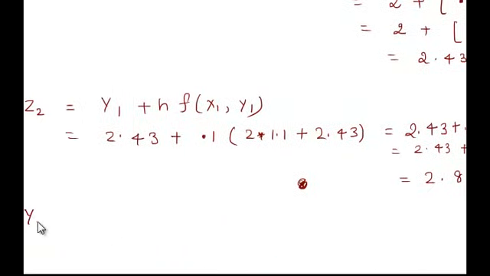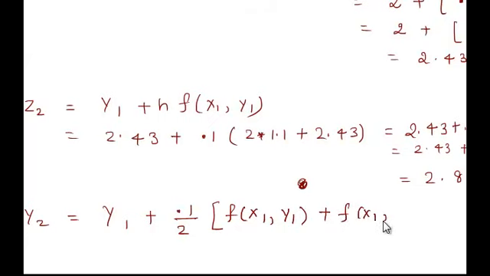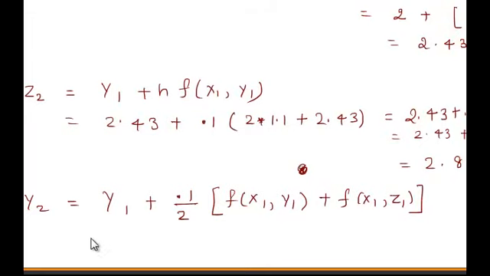So y2 we have to find now using the z2. So y2 is y1 plus h over 2 again, 0.1 over 2, f of x1 y1 plus f of x2 z2.